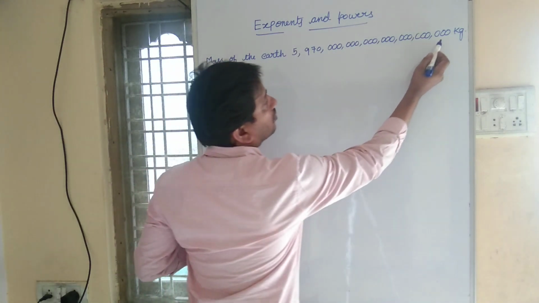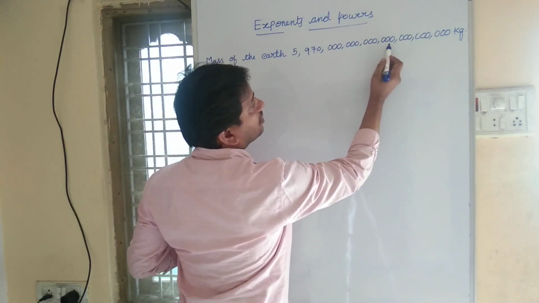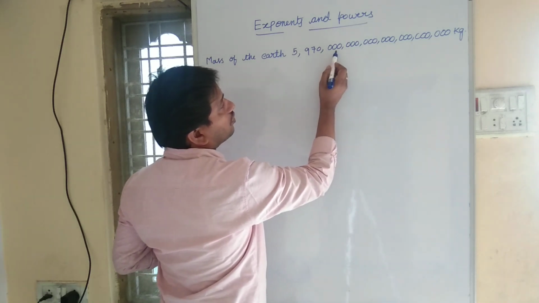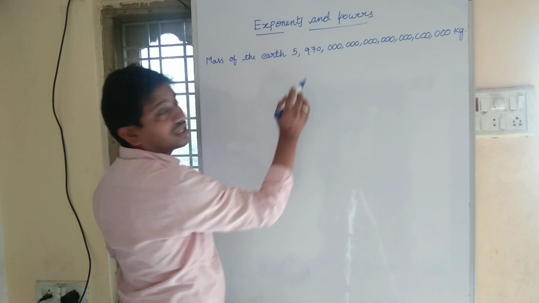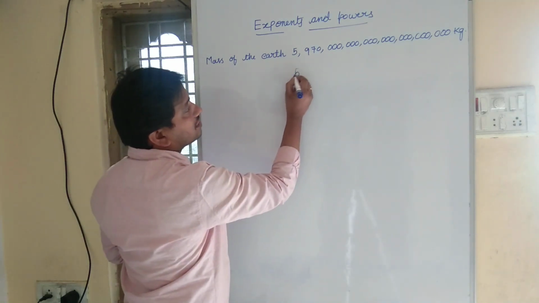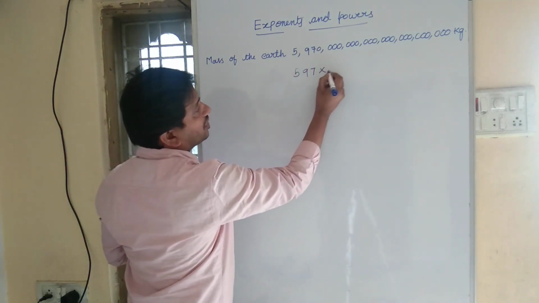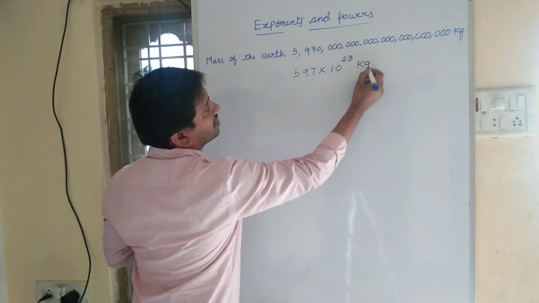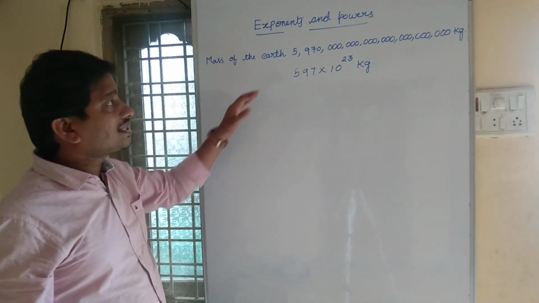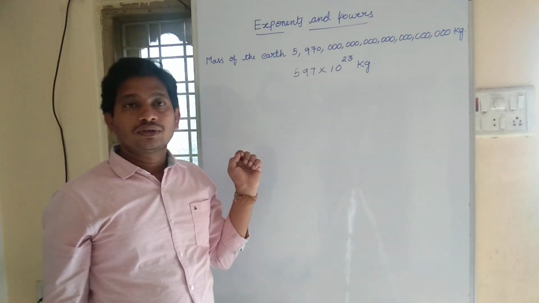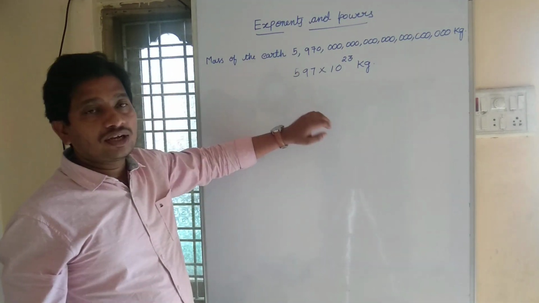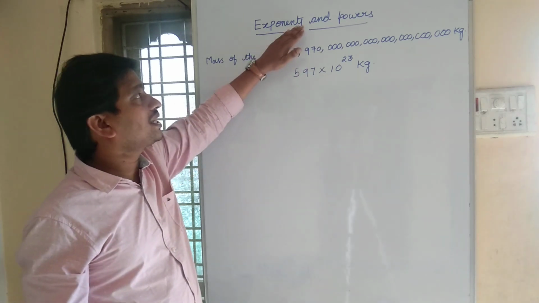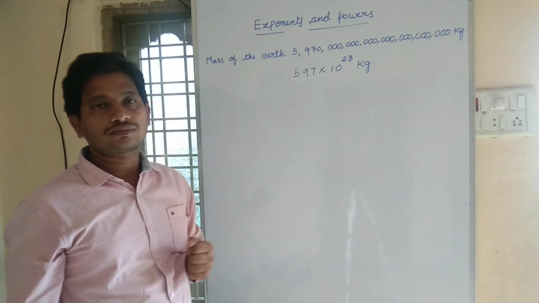Here there are 3, 6, 9, 12, 15, 18, 21, 23 zeros. So I can write it as 597 into 10 to the power of 23 kg. To read such large numbers more conveniently, we introduced a new concept, that is exponents and powers.